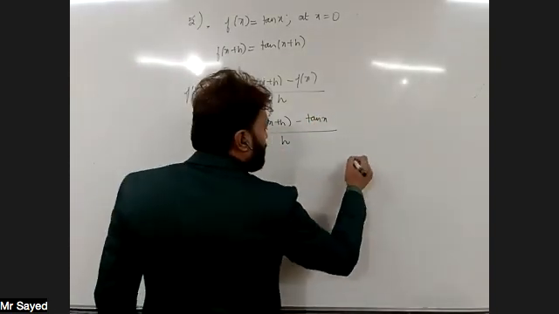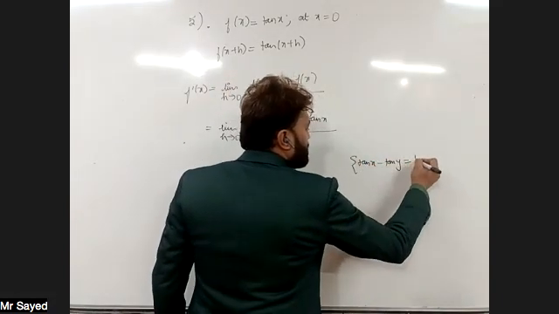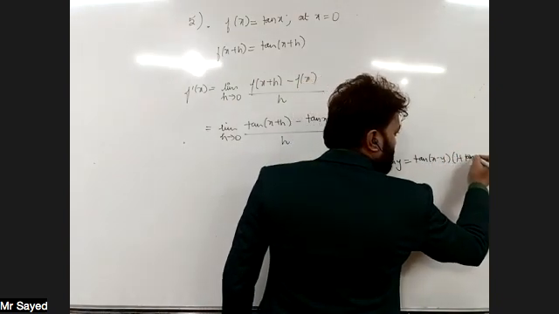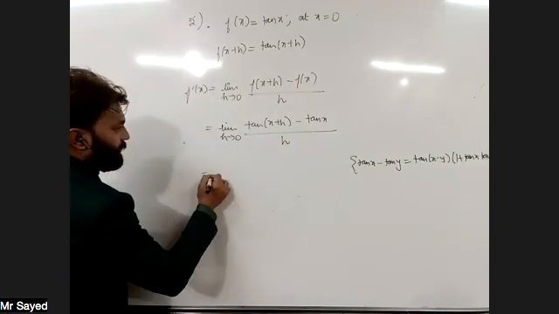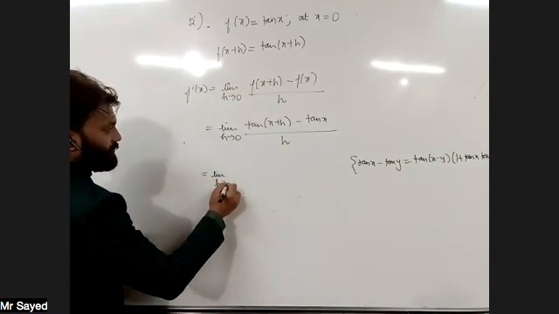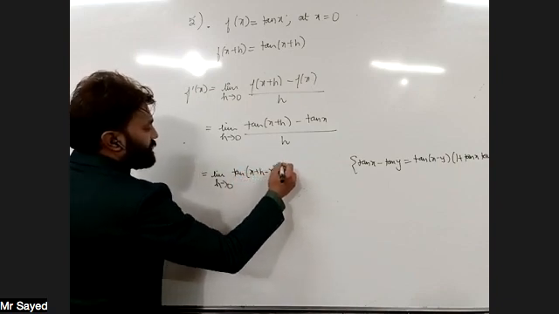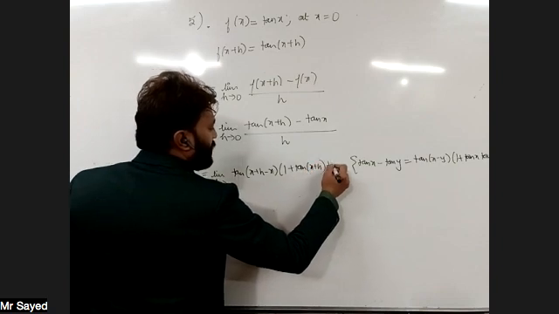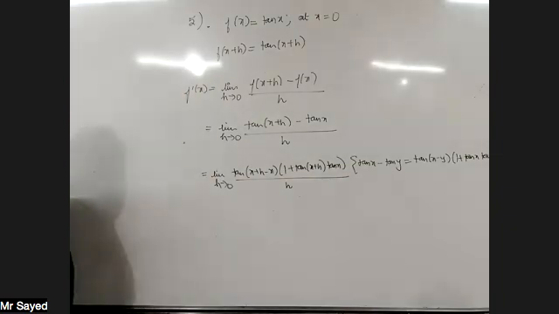Now here we'll use the formula for tan x minus tan y. tan x minus tan y is tan of x minus y into 1 plus tan x tan y. So this will be limit h tends to 0, tan of x plus h minus x, into 1 plus tan of x plus h into tan x, whole upon h.